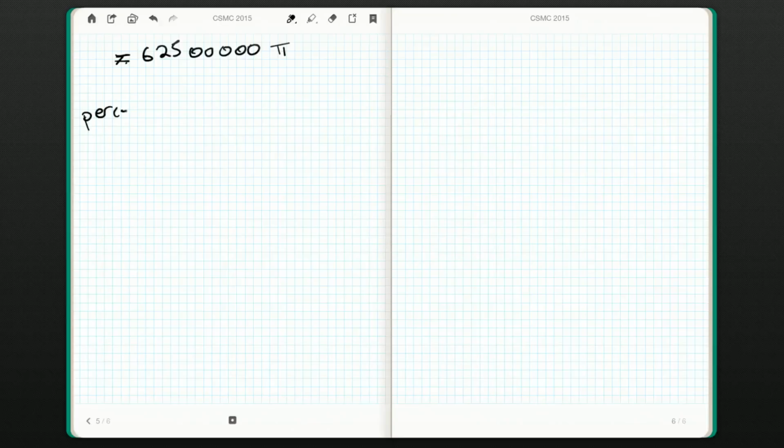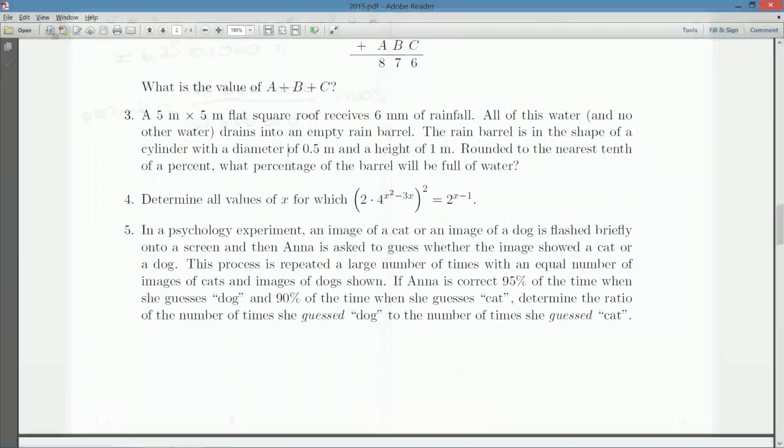So the percent, if we remember that formula, it's going to be the volume of the rain, which we said was 150 million, over the volume of the barrel, 62,500,000 pi. And then we want to multiply that by 100%. And I think it said nearest tenth of a percent.